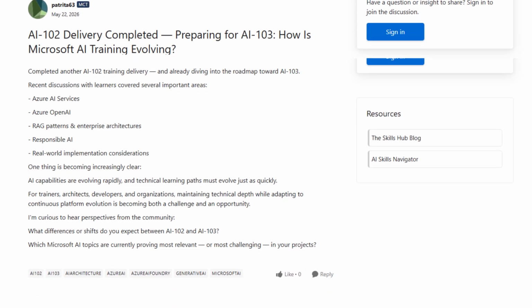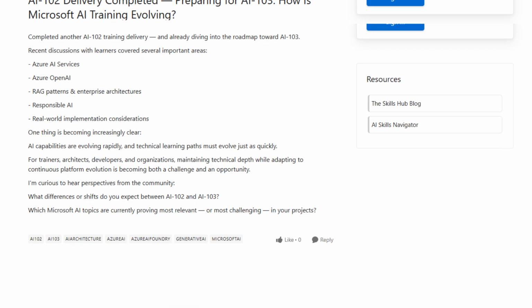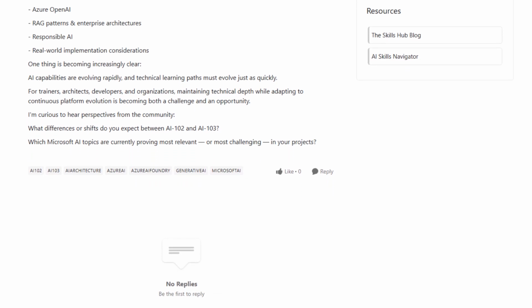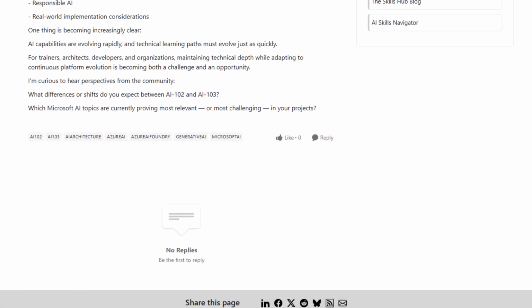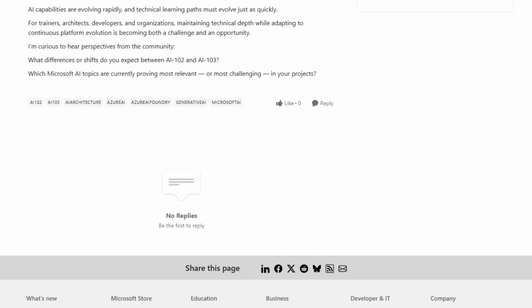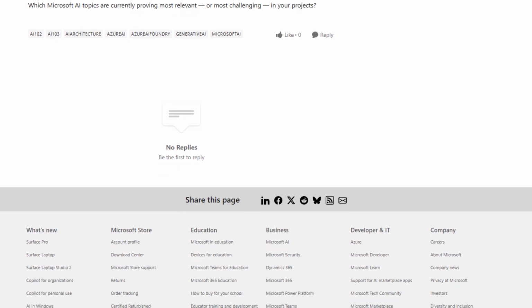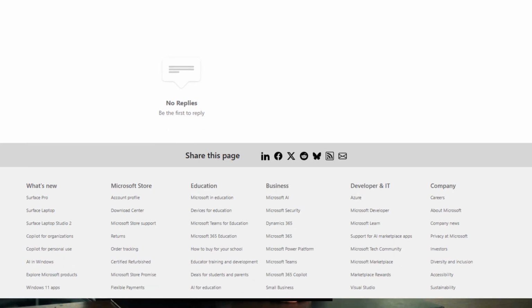That means Microsoft is clearly shifting its focus toward the new AI-103 certification exam. So, if you are planning to register for an Azure AI certification now, then it is strongly recommended to choose AI-103 instead of AI-102.